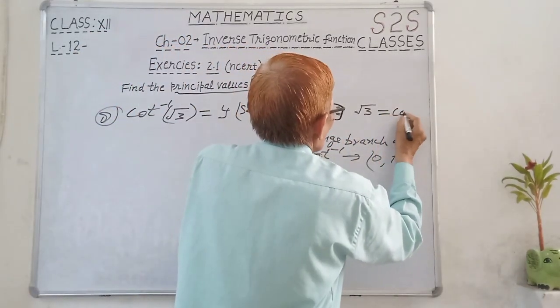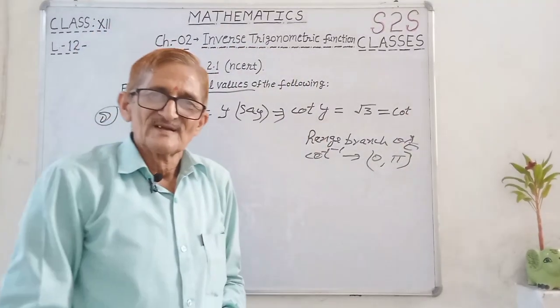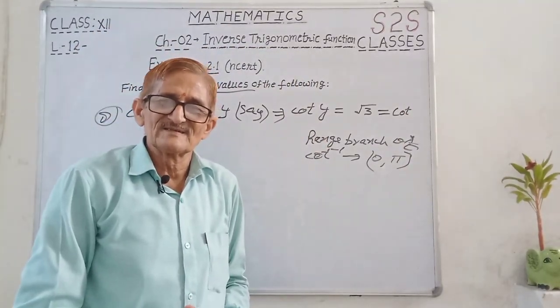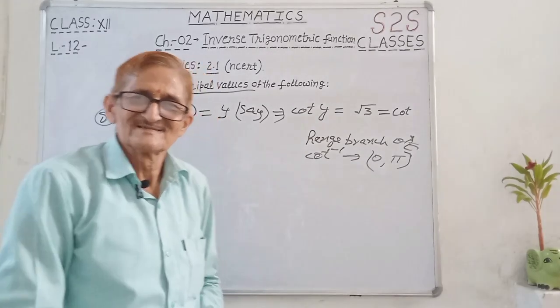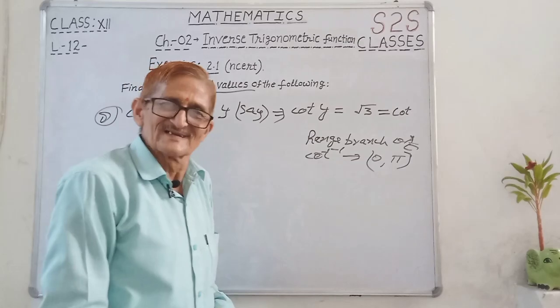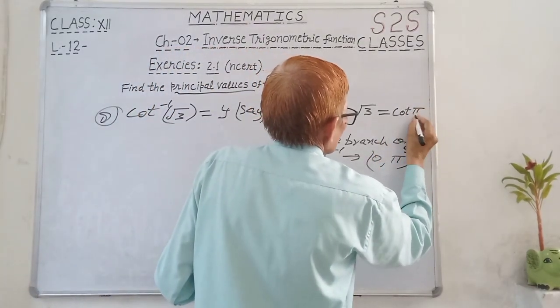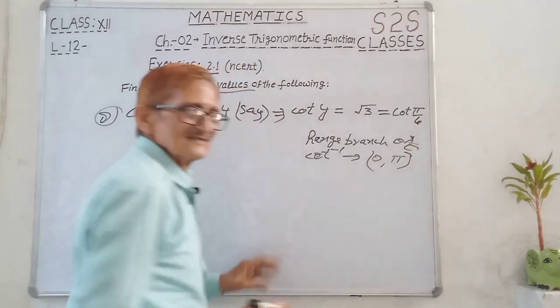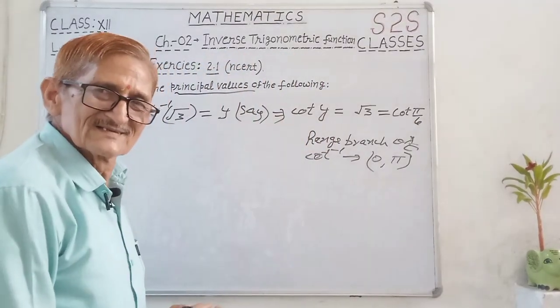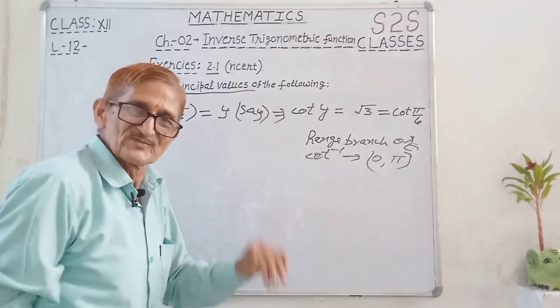Then cot of how much degree is root 3? Cot 30. Okay? So 30 means pi by 6. Cot 30 is root 3 because cos x upon sin x.